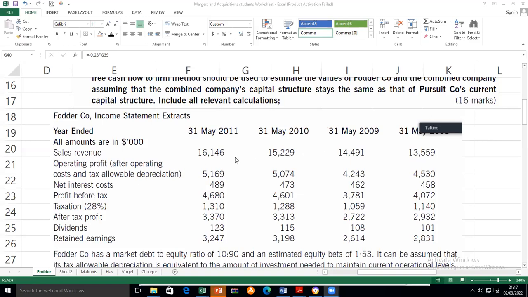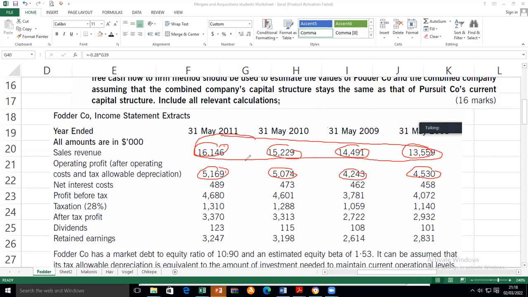So you can get the operating profit margin by using the historical relationship between operating profit and sales, that over that, that over that, and so on. Or you can just add up all the sales figures and all the profit figures, and say total operating profit over total sales.